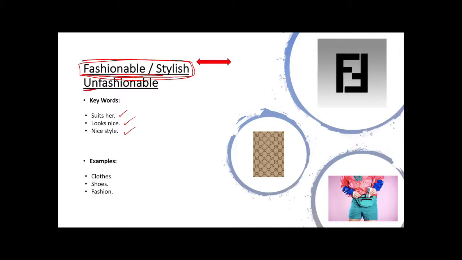The opposite is unfashionable. This means it's a bad style, it's not stylish, I don't like this style. We use it a lot for clothes, for shoes, anything that's in fashion.